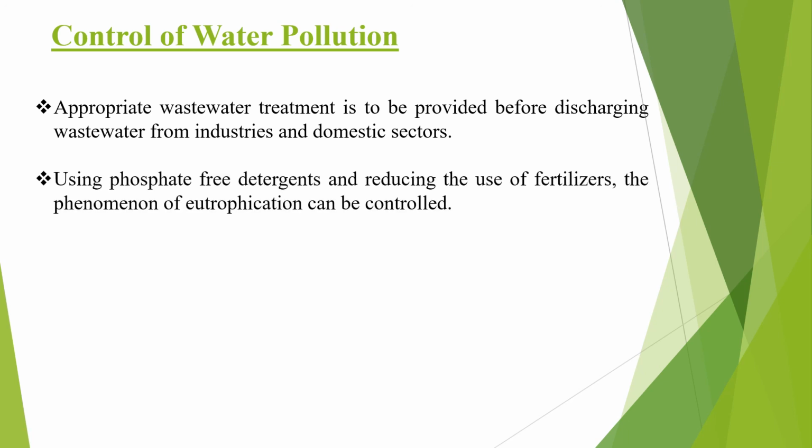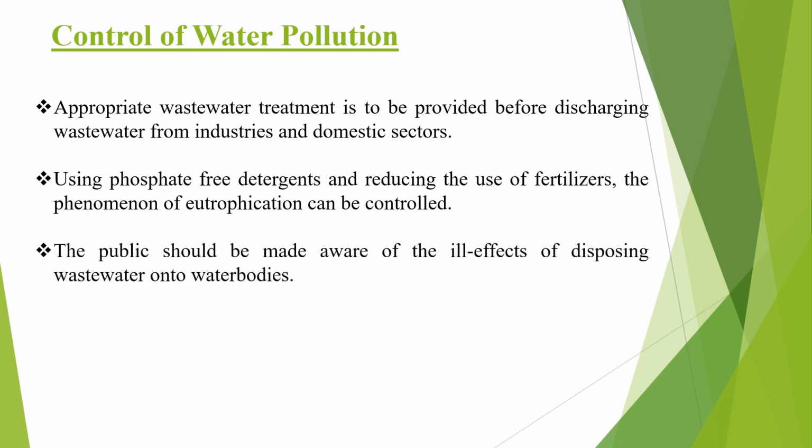By using phosphate-free detergents and reducing the use of fertilizers in agricultural fields, the phenomenon of eutrophication can be controlled. The public should be made aware of the ill effects of disposing wastewater onto water bodies.